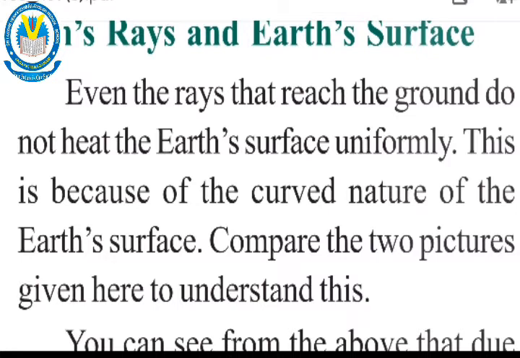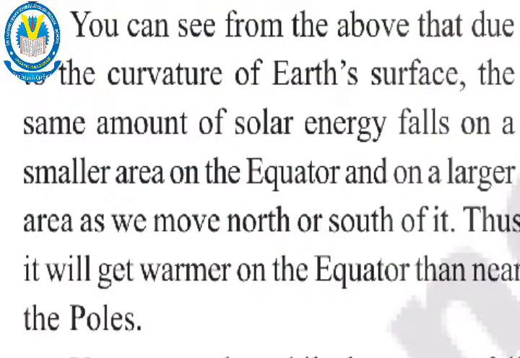So we understand that the sun rays are coming to the earth and they're contacting the earth's surface. But then the heat that we have on the earth is of different types because it is not the same. The reason is that the earth is in a curved nature.